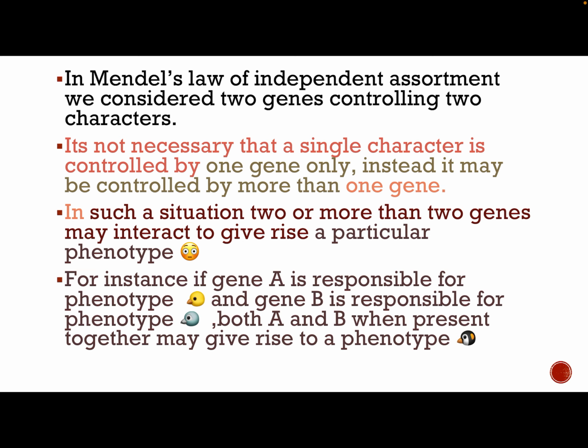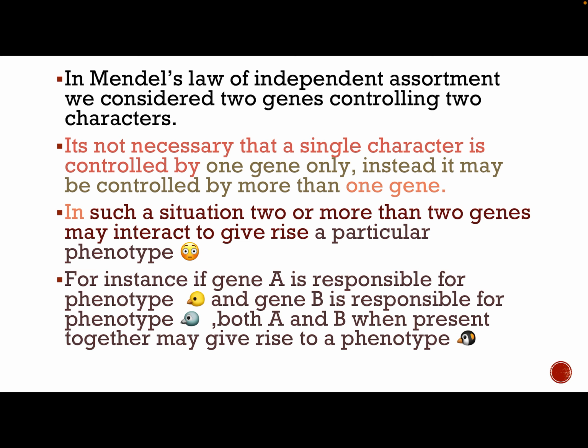For example, in Mendel's law of independent assortment, we consider two genes controlling two characters. But it's not necessary that a single character is controlled by one gene only. Instead, it may be controlled by more than one gene.